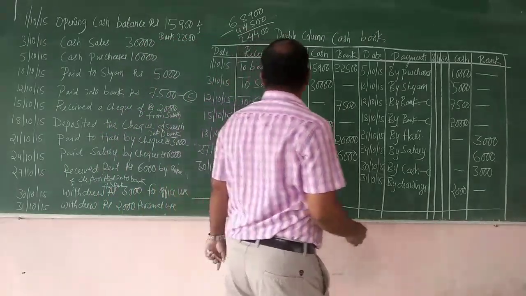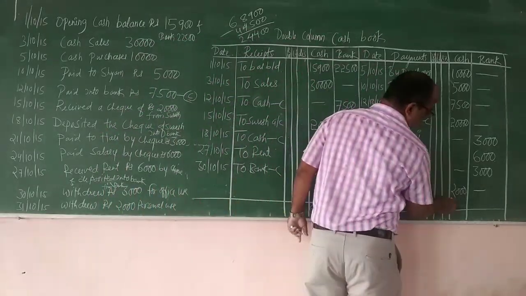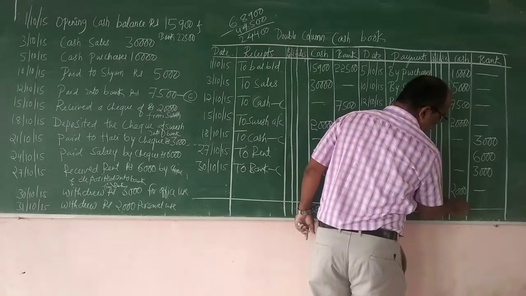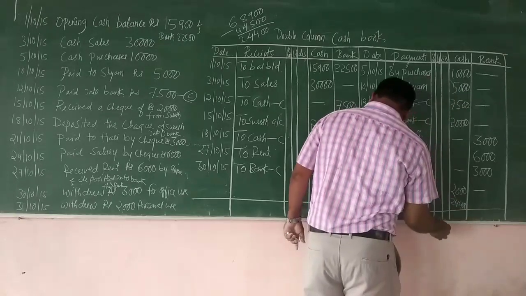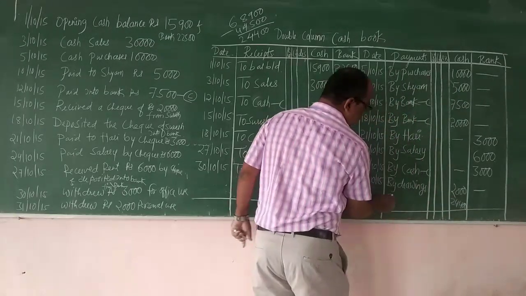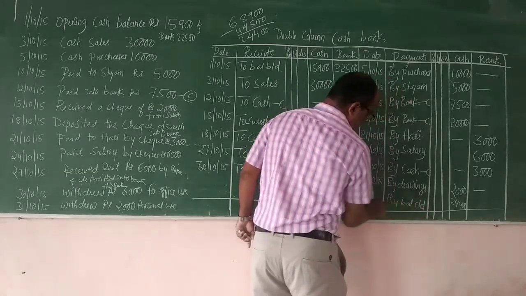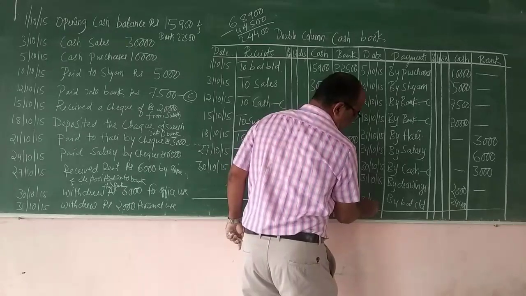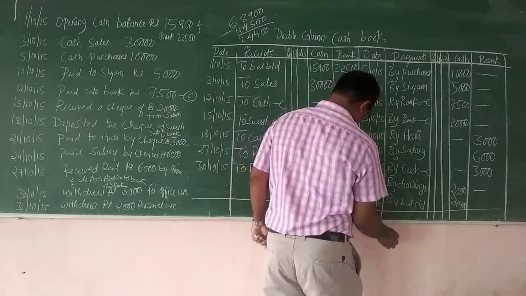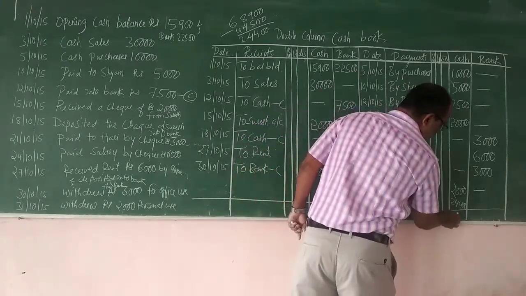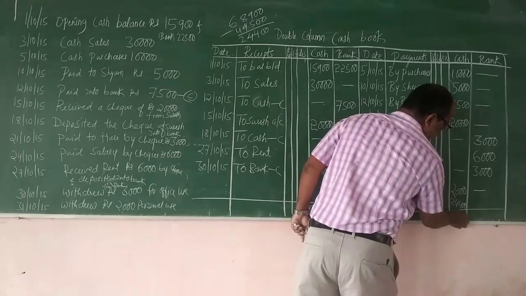Balance is 24,400. 24,400 is the closing cash balance by balance carried down. 68,900.